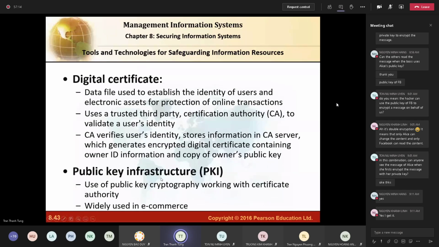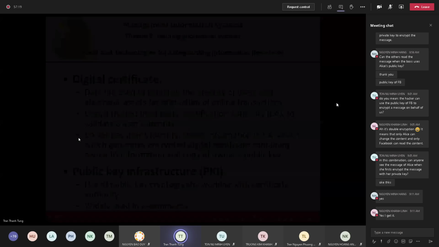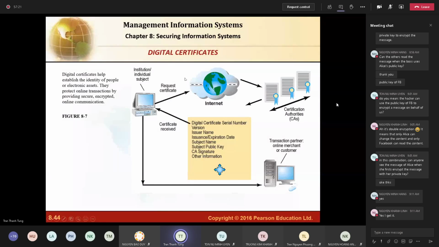So you see the mechanism. One individual or institution wants the certificate of someone else. They go through the internet and ask the CA for the certificate. The CA gives you a digital certificate with the issuer name, meaning the name of the certificate authority, and the subject name, which is the one that you work on.